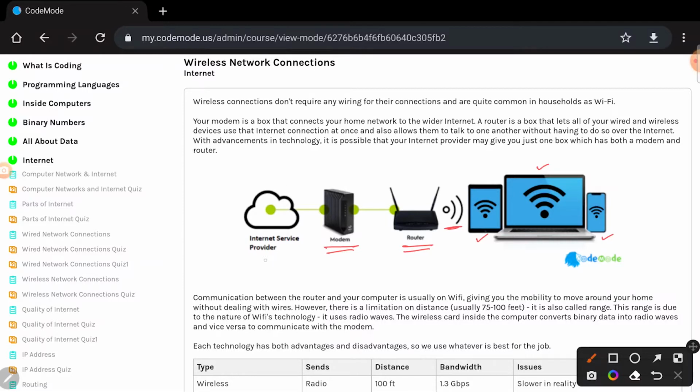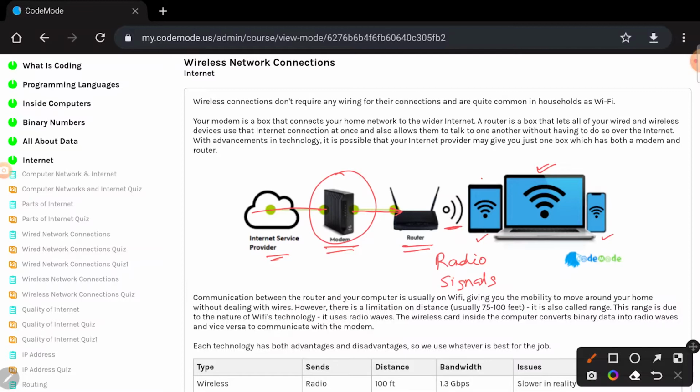So when you take internet from a company, for example, I have AT&T in US, AT&T has given me a modem, and this modem is connected to the fiber optic cables in my community, and this modem is sending data to the router, and router is converting this data to radio signals, and that radio signals is received by my laptop or my tablet.